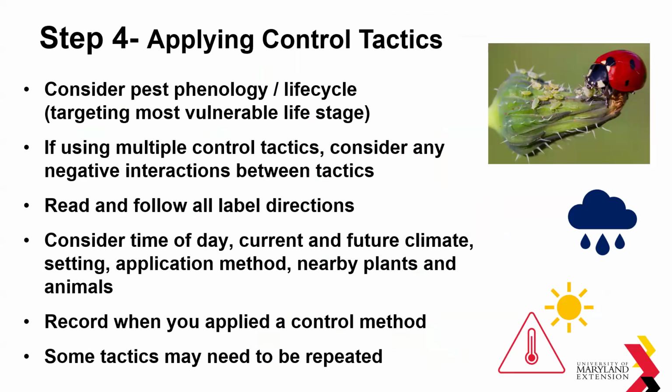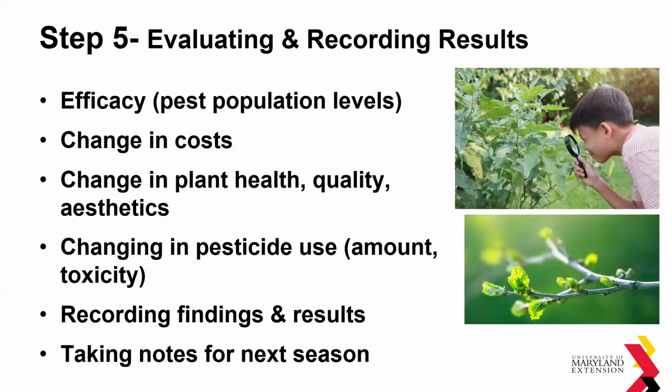Different things to consider: time of day, current and future climate, reading our product label and directions, making sure we're recording what we applied. Some tactics may need to be repeated. And then evaluating and recording our results. How well did it work? Do we have a change in cost, change in plant health? Recording our findings and results and taking notes for the next growing season.